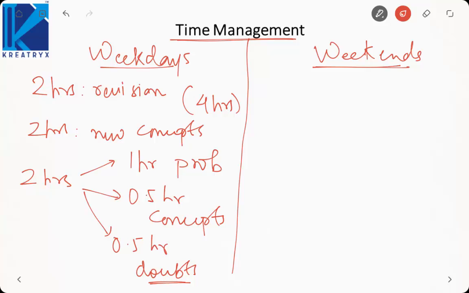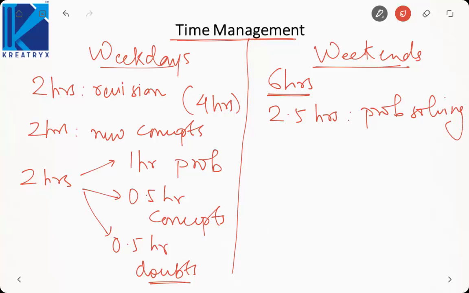In weekends, how much time you can dedicate is around 6 hours. If you are dedicating 6 hours, out of that 2.5 hours must be kept for problem solving, that is solving the questions or numerical questions.